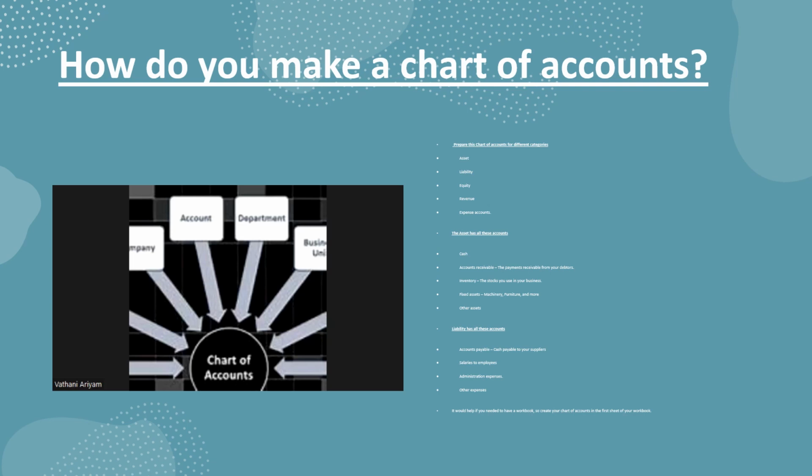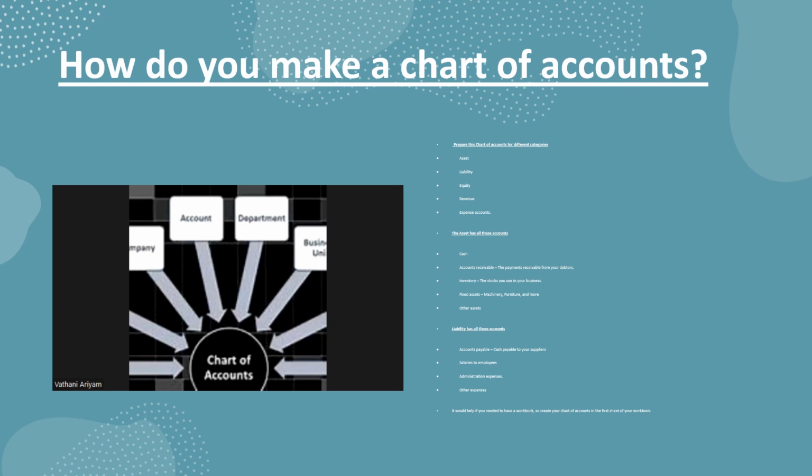How to make a chart of accounts? When making a chart of accounts, typically the accounts listed will depend on the nature of the business. A numbering system is used in the chart of accounts to identify the accounts quickly. The numbering system makes it easy to record a transaction. Small companies use 3-digit numbers and the large companies use 4-digit numbers.